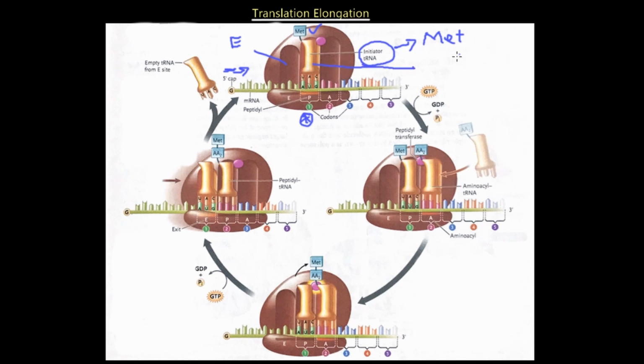So I'm going to label it here. And of course, we got the A site. The A site is called the aminoacyl site. The P site is called the peptidyl site, and the E is the exit site. So that's very important to note.